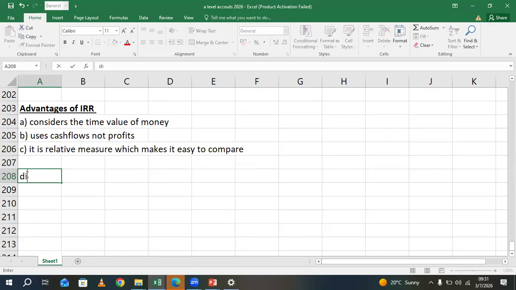Then the disadvantages. For internal rate of return, what disadvantages can we face?